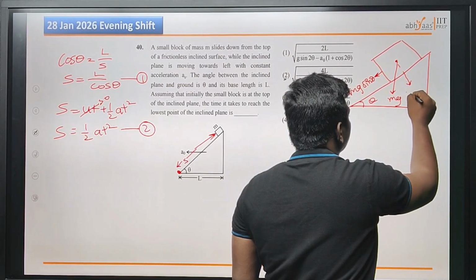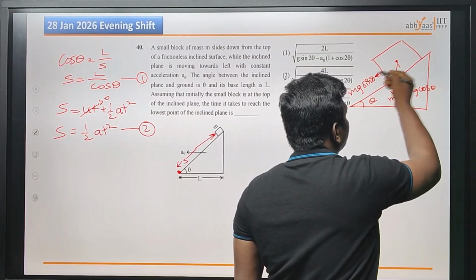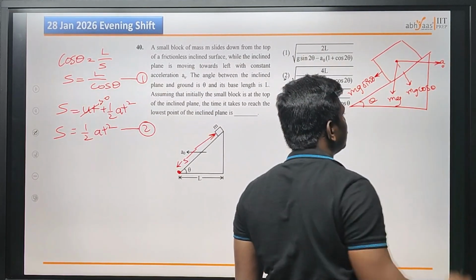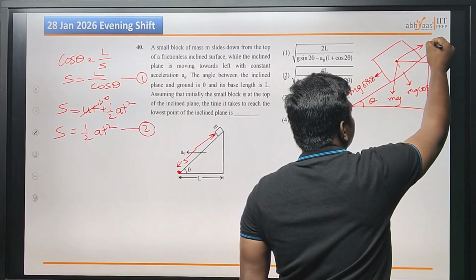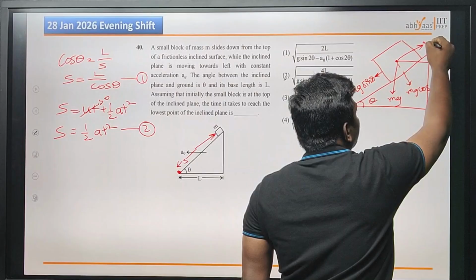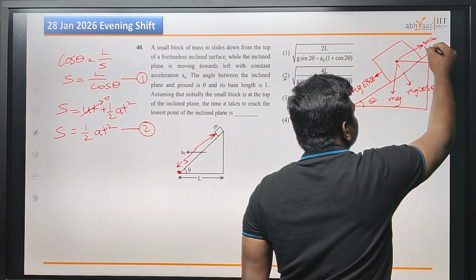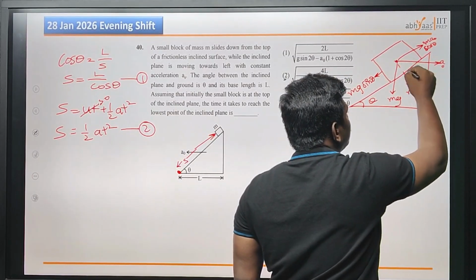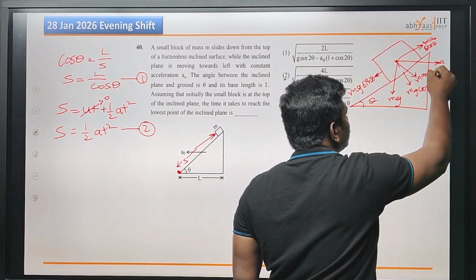At this position, you are having mg cos theta. Block is moving with acceleration, then acceleration acting left side. So you will get ma naught cos theta, and downward you will get ma naught sin theta.